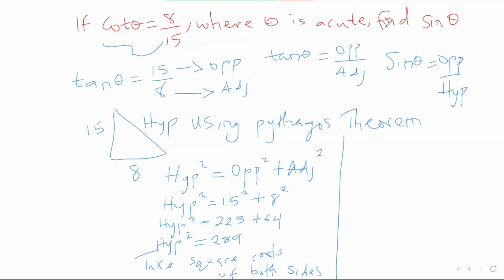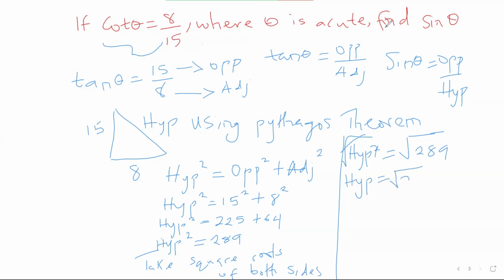If you take the square roots of both sides, let me write this out to make it clearer. The square root of hypotenuse squared is going to be equal to the square root of 289. Having done the square root of both sides, this cancels out this. So we have hypotenuse equals the square root of 289.